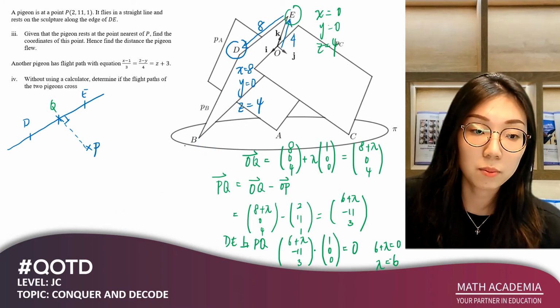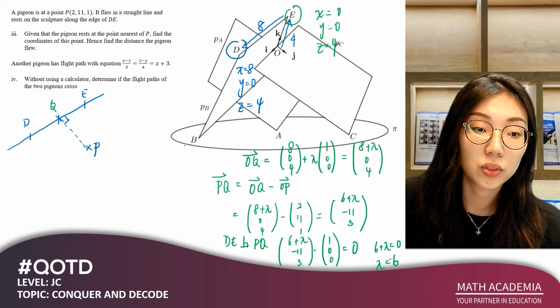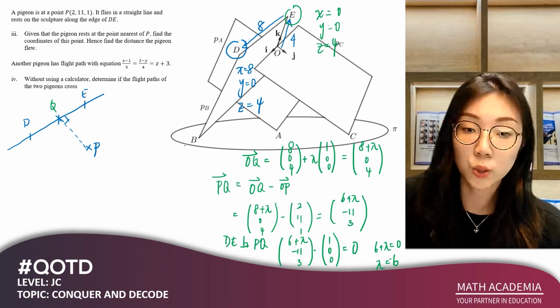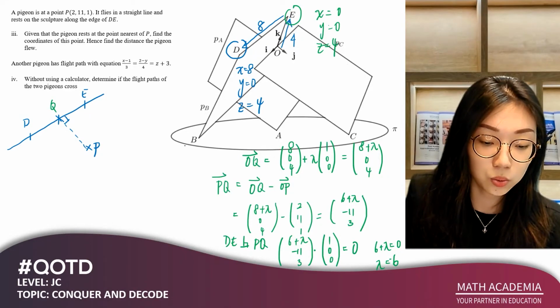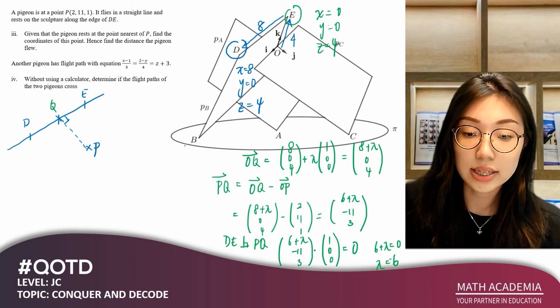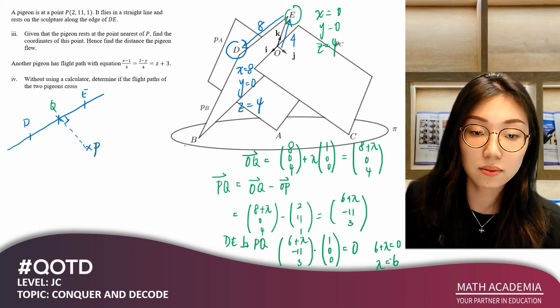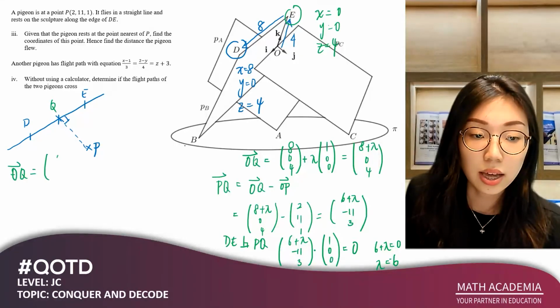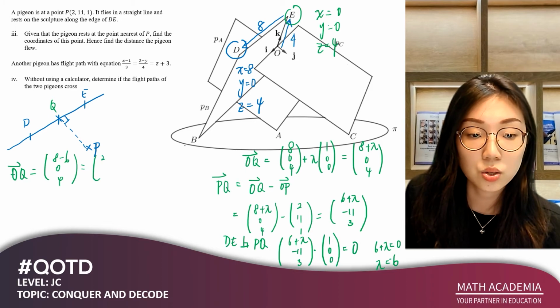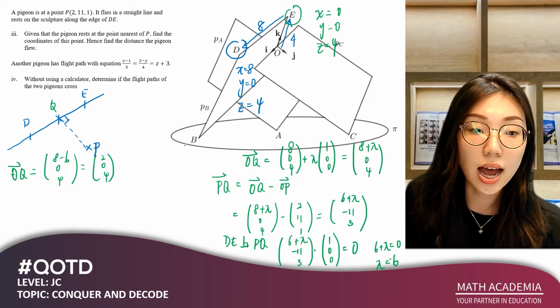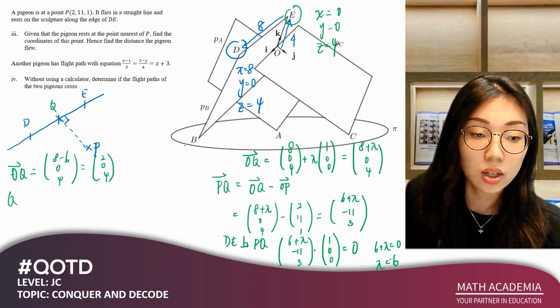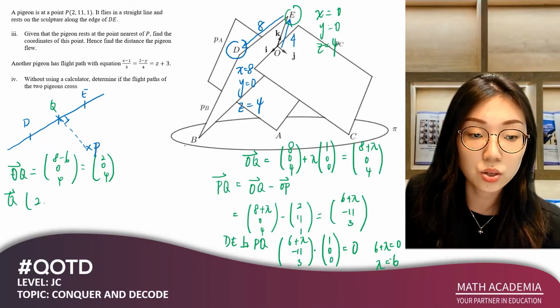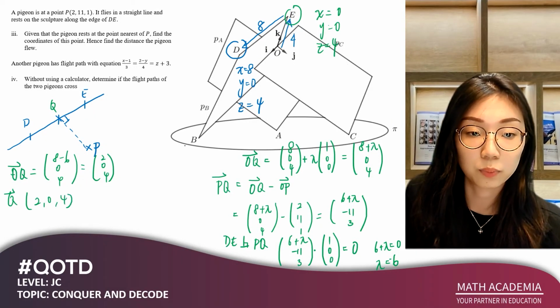I would be able to find the coordinates of Q. So coordinates of Q would be when I substitute lambda equals negative 6. So position vector OQ would be (8 minus 6, 0, 4), which is (2, 0, 4). Since they are asking for the coordinates, Q is (2, 0, 4).